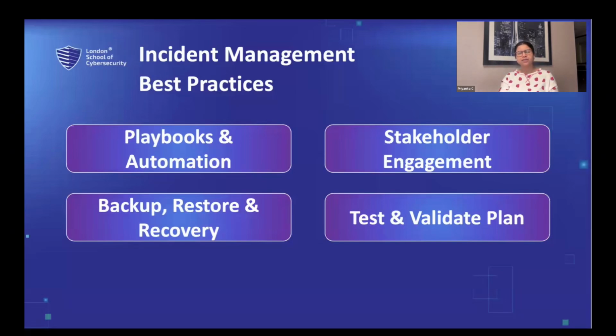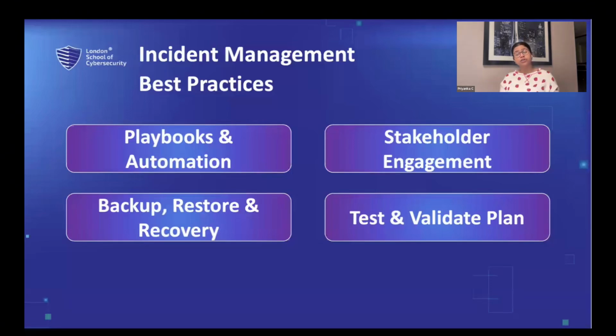Okay. Then next is stakeholder engagement. Just like data protection and privacy, in incident management, when something goes wrong, you need to work with a lot of different teams within an organization.